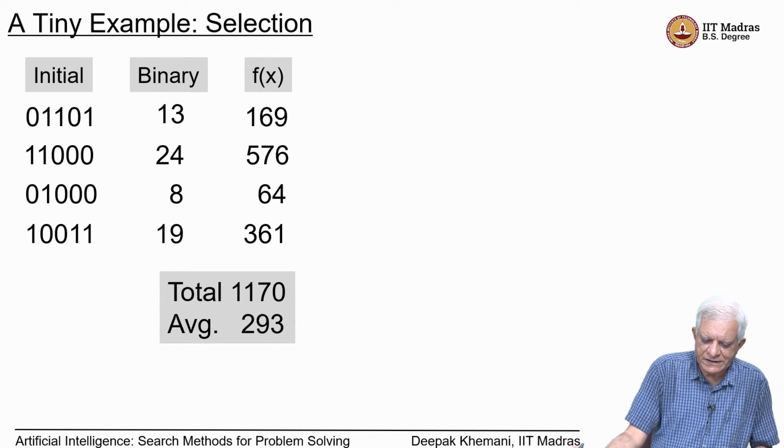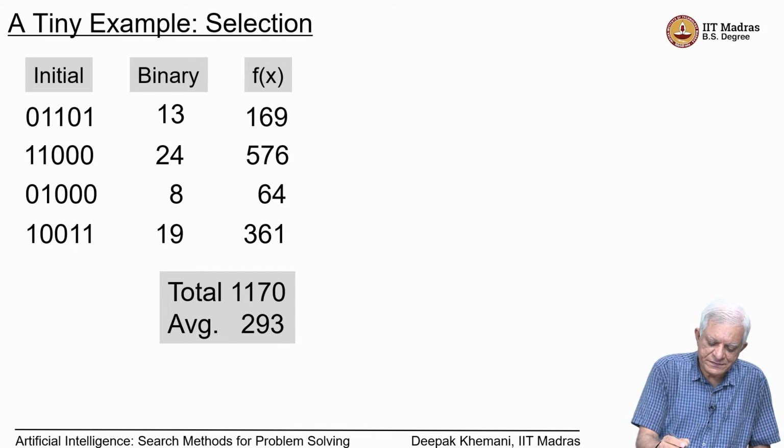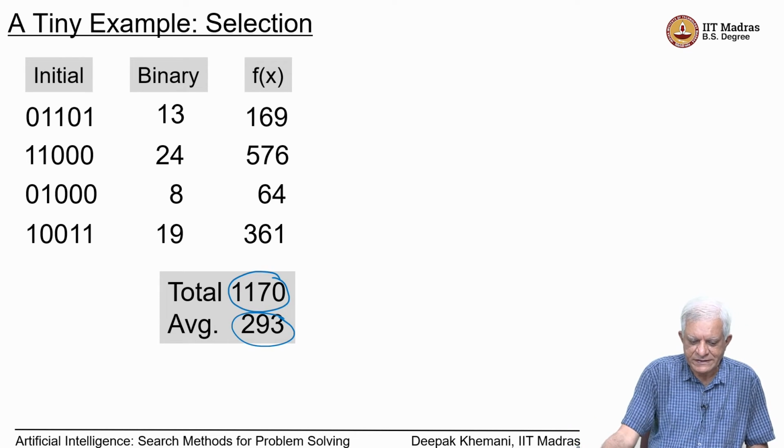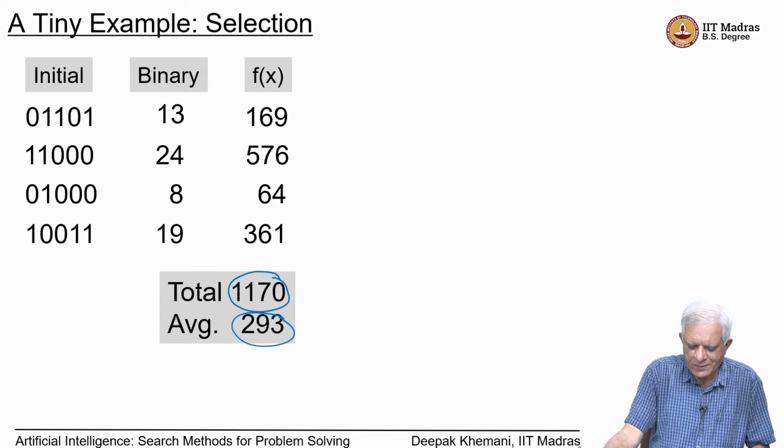So, square of 13 is 169, square of 24 is 576 and so on. The total fitness of this population is 1170, and the average fitness of a candidate is 293. So, this is what people observe, that in genetic algorithms the average fitness of the population tends to increase. So, in general the population tends to become healthier.